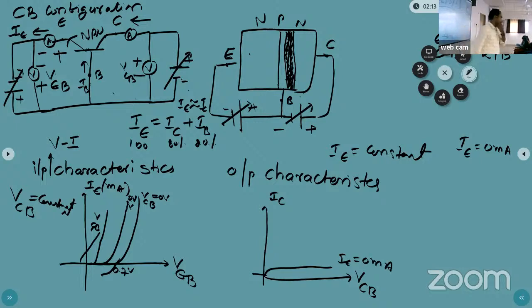Now you can keep IE as 5 milliamp. Then what is the graph?